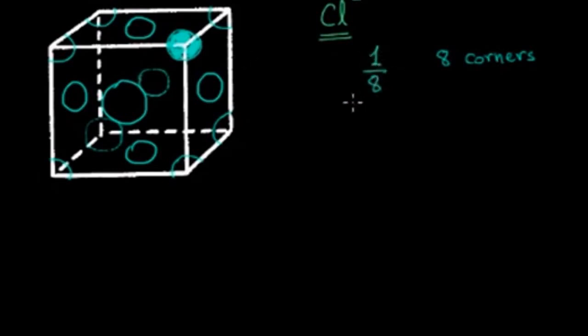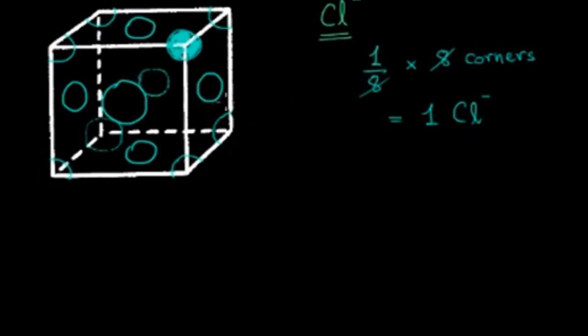So in order to calculate the total number of chloride ions present at the 8 corners, we have this 1/8 multiplied by 8 corners. The 8 will cancel out with the 8 and we are left with 1 chloride ion. So all the chloride parts present at the 8 corners compose 1 chloride ion.